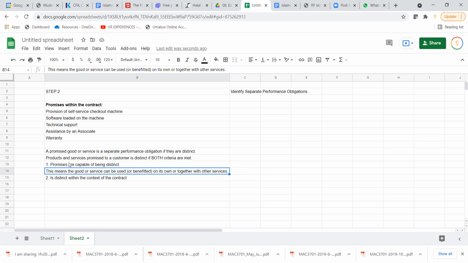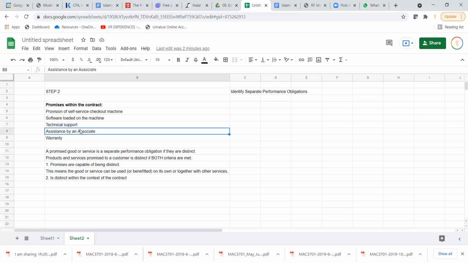So remember, if it does not meet criteria number one, there's no need to look at criteria number two, because it must meet both. So even if it meets criteria number two, the fact that it does not meet criteria number one, it's not going to be distinct.